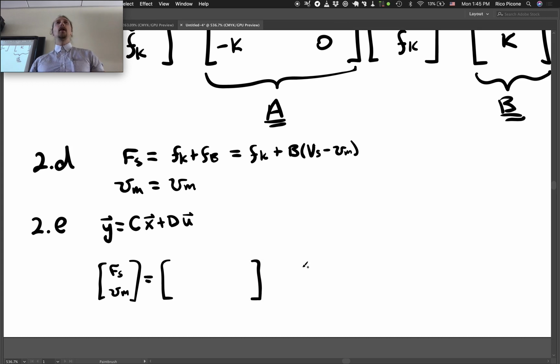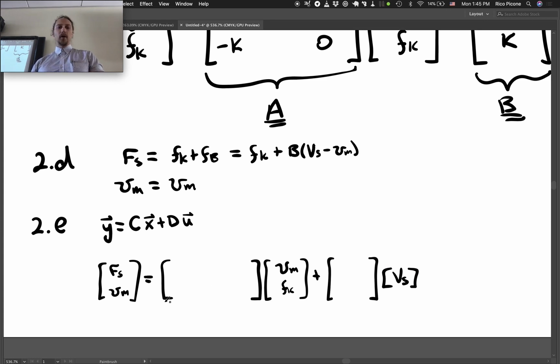We don't always have the same number of outputs as state variables. That was just an accident, okay? And the state vector is Vm, Fk, plus the D matrix, which has got to be a 2 by something. The input is a 1 vector, so it has to be a 2 by 1 multiplying the input Vs.